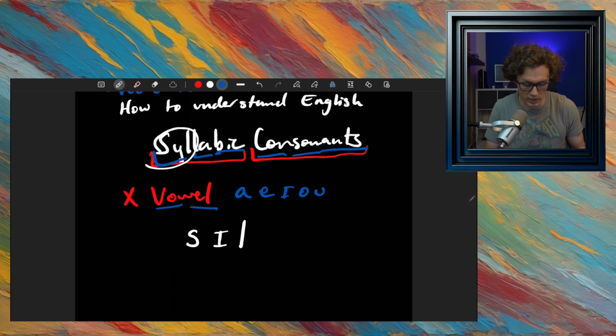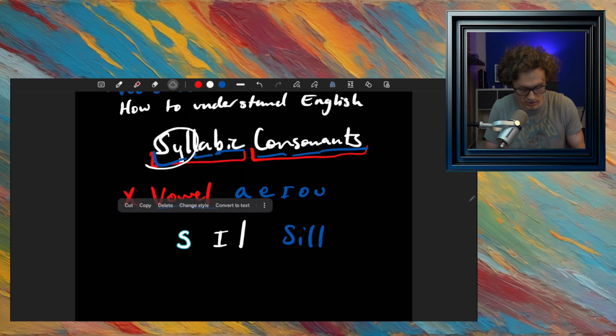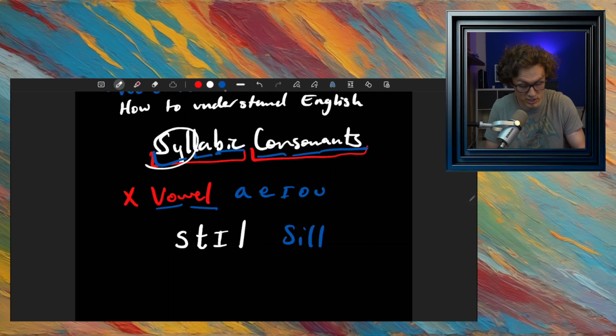And actually, we even have the word sill in English, like windowsill. You can also add another sound in here and make it still, right? That is still just one syllable. It has more sounds, but it's one syllable because most of the time it's based around this individual, what's called a nucleus or a core of the syllable, right? So this I is the core of the syllable.